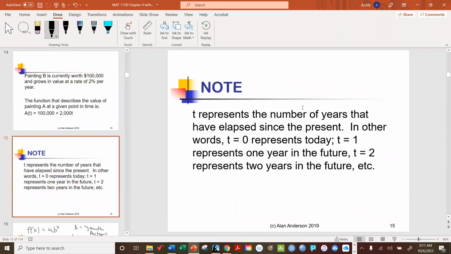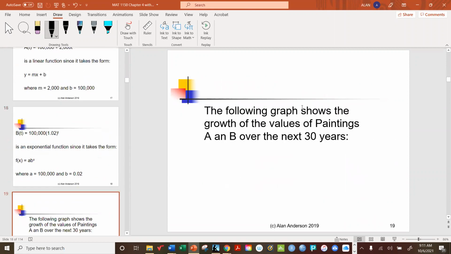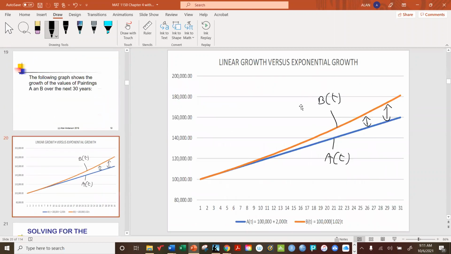Let's just look at the graph again. Initially, the growth rates are very similar, but after a while, the exponential growth, the orange one is exponential, by the way, and the blue one is linear growth.